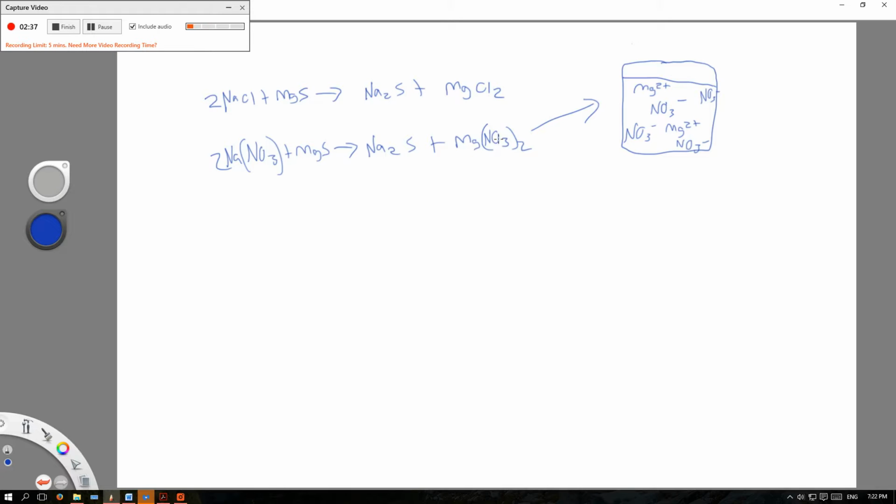So there's 1 magnesium for every 2 NO3s. So in this diagram, there's 2 magnesiums and there's 4 NO3 floating around. Of course, in real life, there's millions and millions of them, but this is just a little schematic.